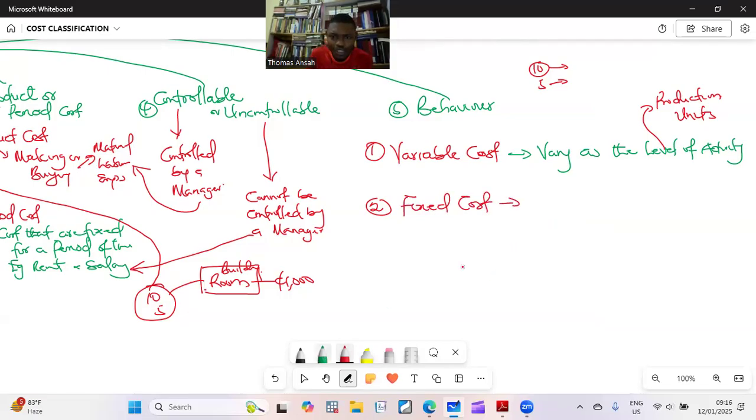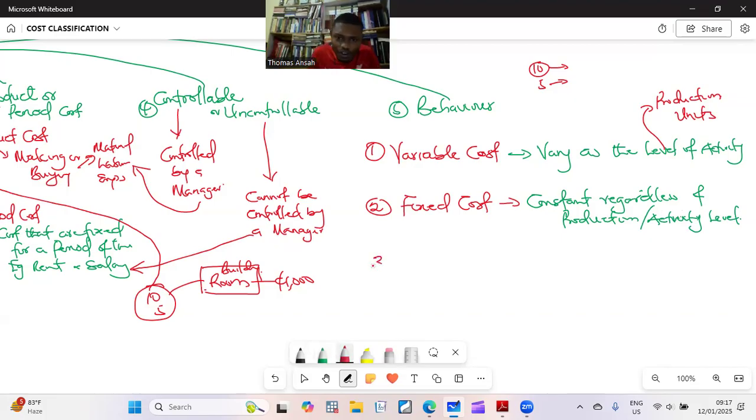These ones are constant regardless of the production level or activity level. So take note of that. These ones are fixed. They don't change at all. They are like that regardless of the activity level.